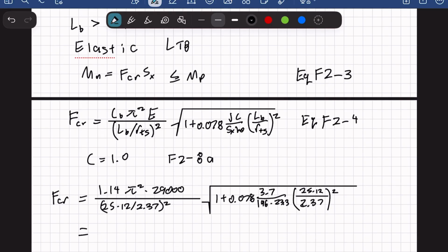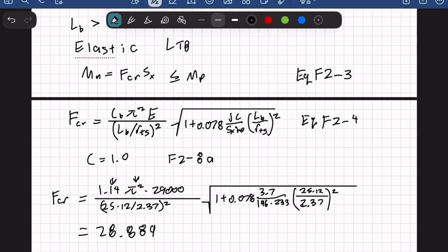Pi squared times 29,000 divided by this quantity, 25 times 12 divided by 2.37 quantity squared, times this gigantic square root, 1 plus 0.078 times 3.7 divided by the quantity 196 times 23.3, and then we have 25 times 12 divided by 2.37 squared again, and we have 28.889, which you can check your units here if you really want.